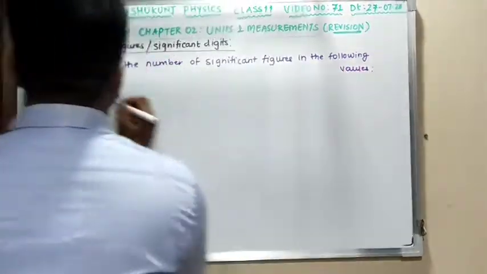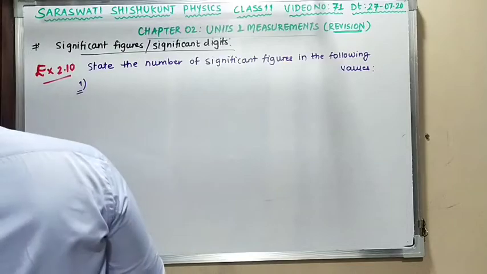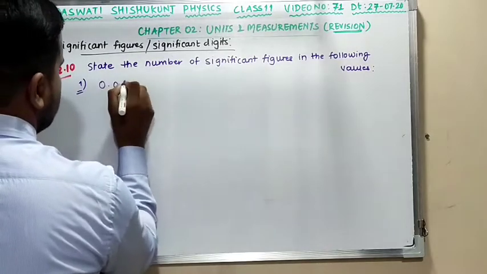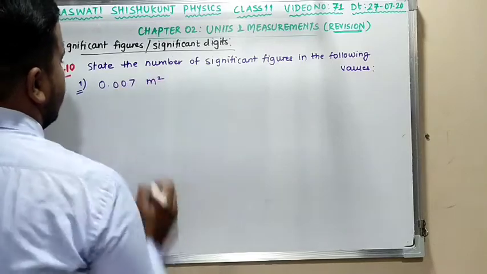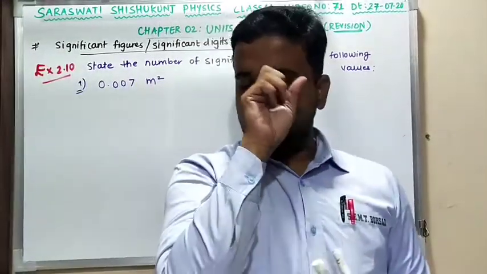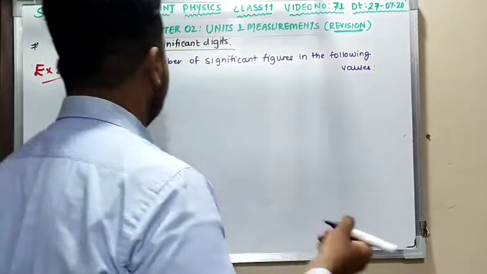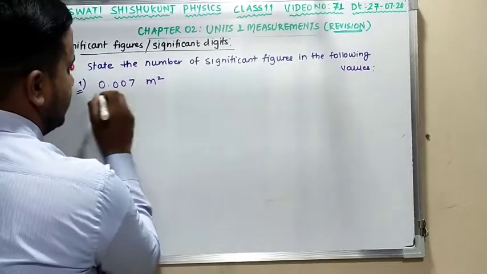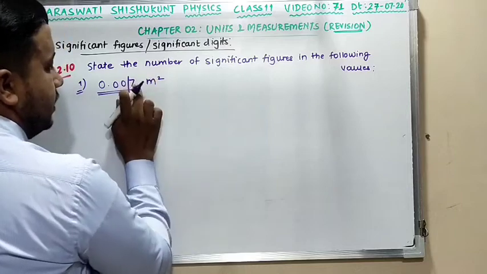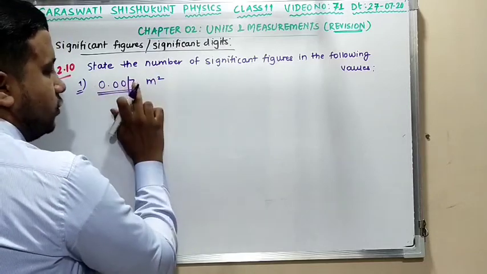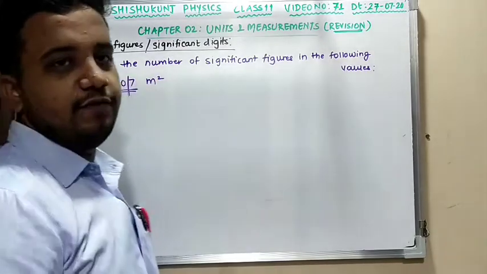Clear? The very first value they have given is 0.007 meter square. Rule: if this number is less than 1, then the zeros to the left of the first non-zero digit are not considered significant figures.